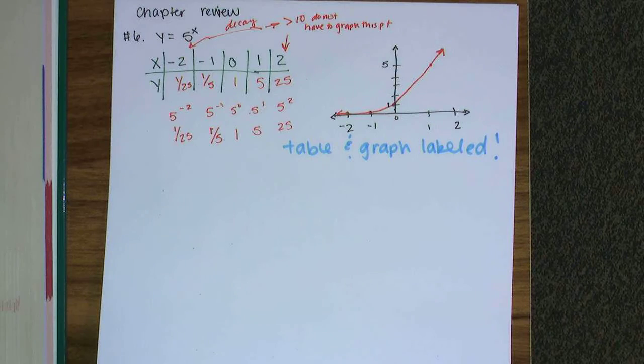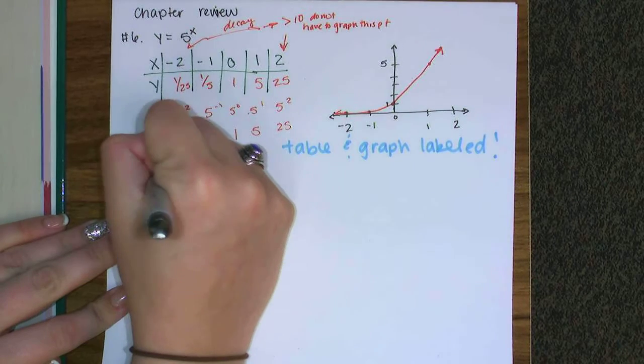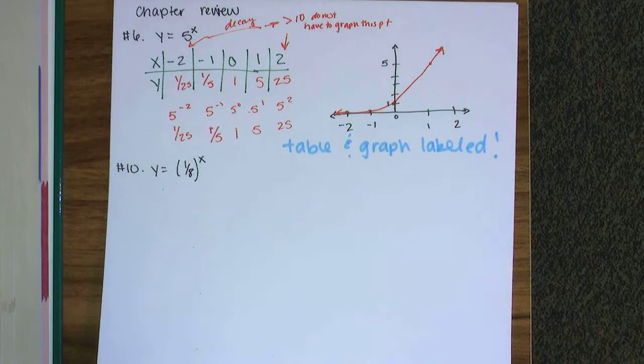All right. So we're going to do the same thing with number 10. So 10 is y is equal to 1/8 raised to the x. So, first thing, make a table.